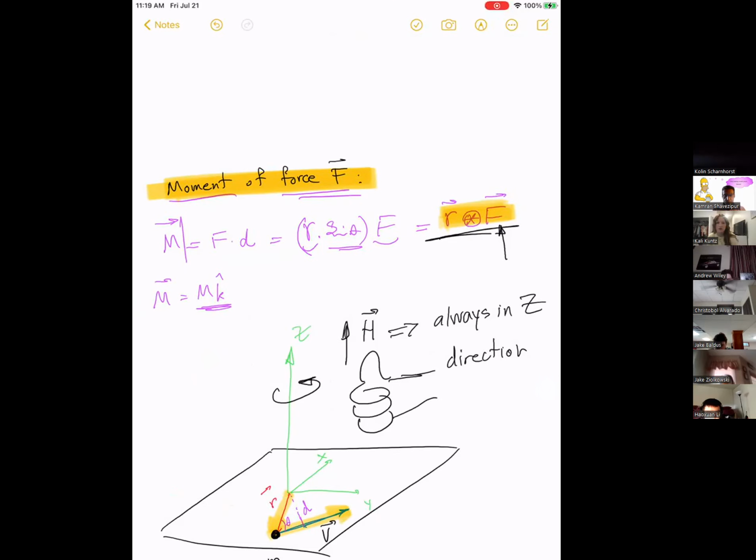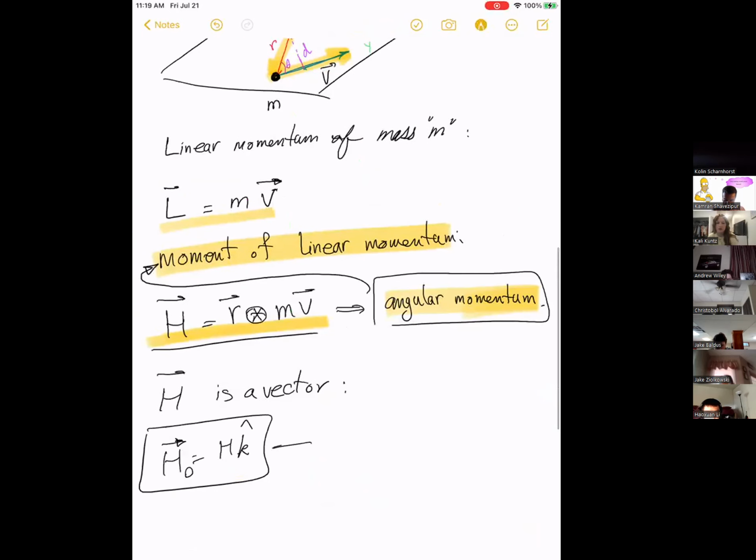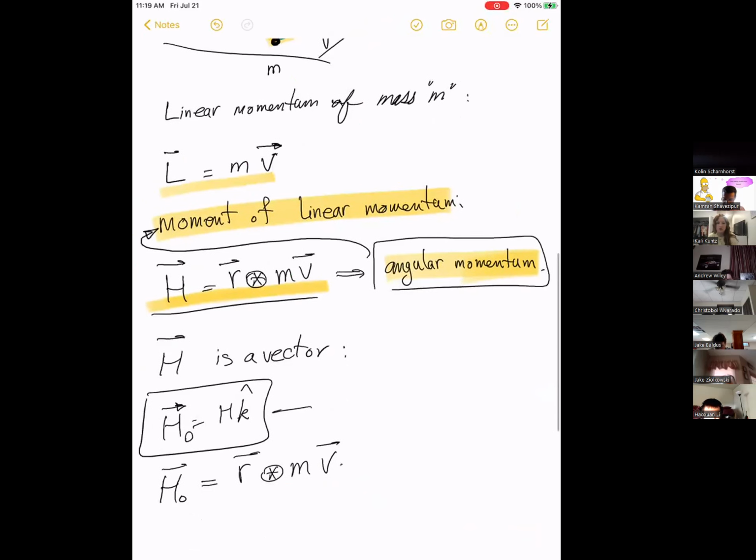So I got H about O defined as r cross mv, right? This is the velocity of the particle.